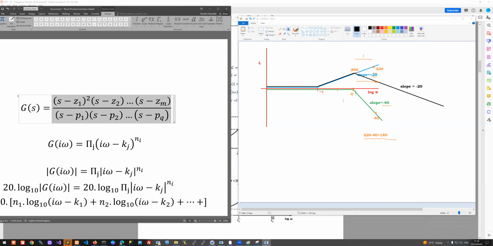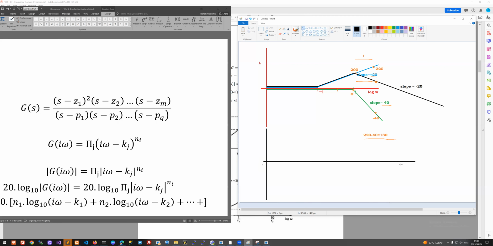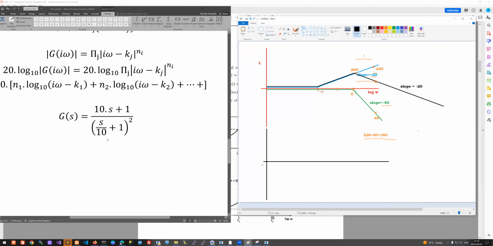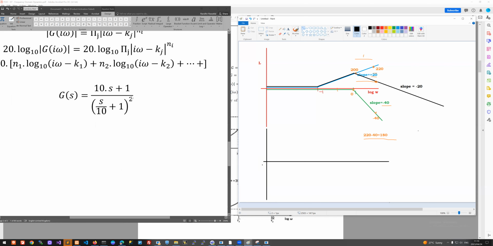And then let's think about also the angles. So let's do the angular one. So we'll use another pair of axes. And so for the term in the numerator, that's a first order lead, right? So it's going to start from 0, and then let's mark off our points here.